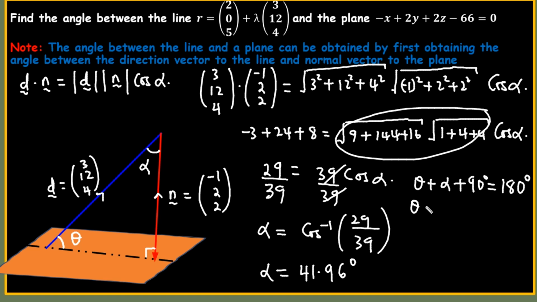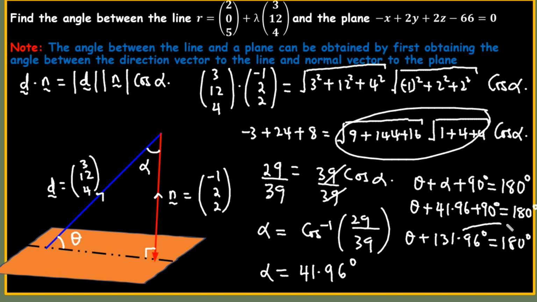But theta plus 41.96 plus 90 is 180 degrees. So 41.96 plus 90 degrees gives us theta plus 131.96 degrees, everything is equal to 180 degrees.